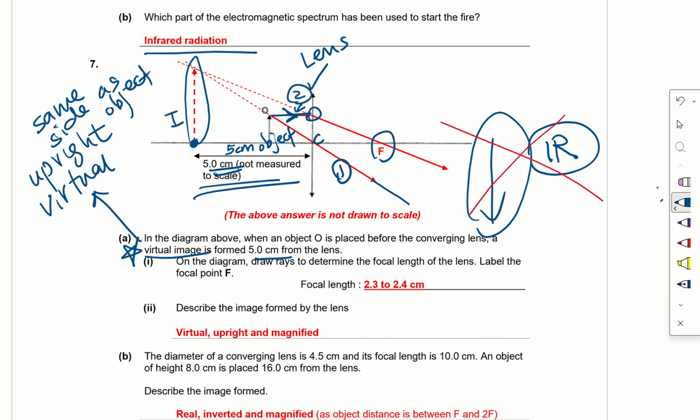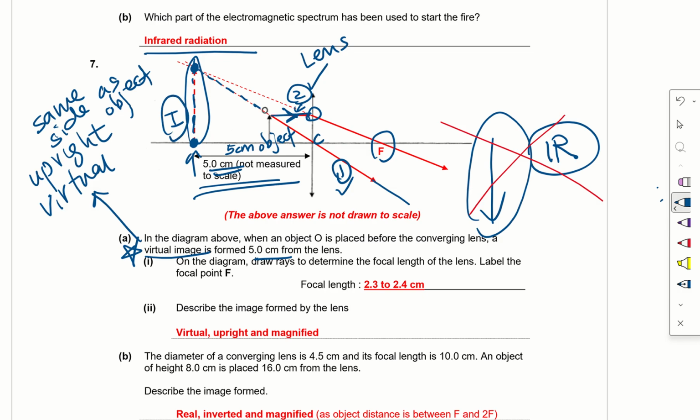So I have to go back to ray number 1, and I draw it backwards because all these are virtual. At the position where the image is, I draw a dotted line, and where they cut is where the image is. With this, I can find the height of the image.